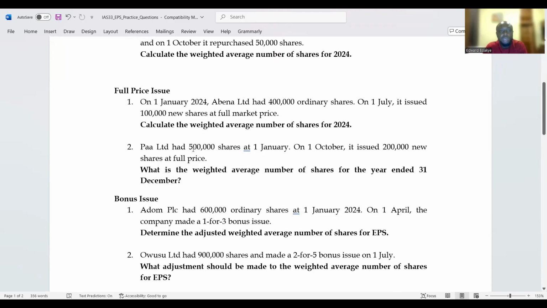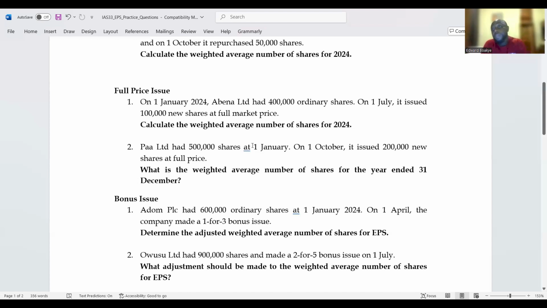It said Par Limited had 500,000 shares at 1st January, and then in October, it issued 200,000 new shares at full price. What is the weighted average number of shares for the year ended 31st December?